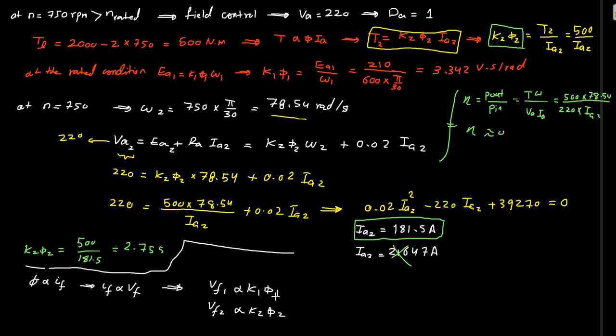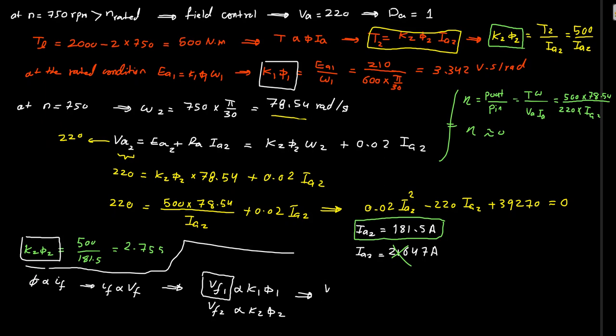Now we have K1 phi 1, we already calculated here from the rated condition, and K2 phi 2 we already find it here, and at the rated condition we have the voltage, which is the 220. So from here we can calculate the field voltage at N equal to 750.